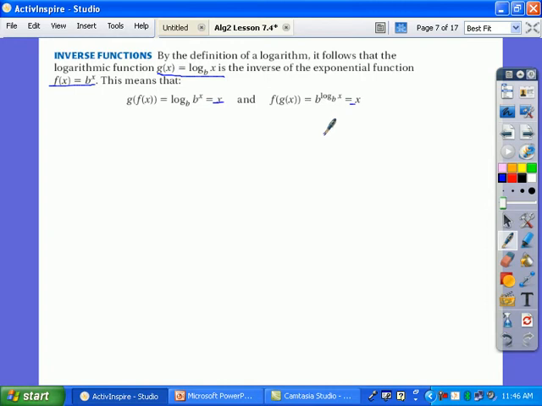But the idea was, I had b to the x, but where the x was, I replace it with the other function, which is log base b of x, and this somehow just equals x. It's a very, very nice property. Why that is, I don't need to worry about yet. Just need to know that happens. Okay, so I take b to the logarithm of base b of x, and that wipes everything out, and it just leaves me with x. It's a really nice property.